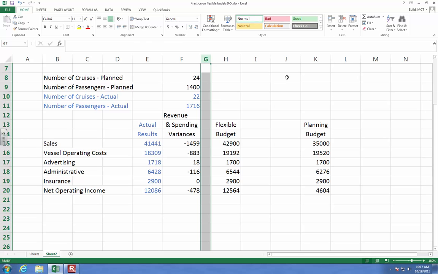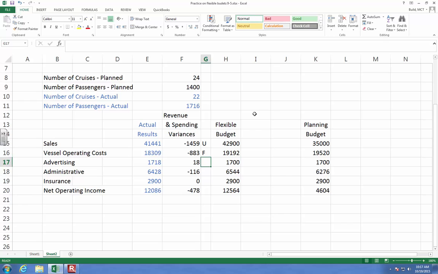So for my sales, is that a favorable or an unfavorable revenue and spending variance? It's unfavorable because it was less than, exactly. And how about the operating costs? Favorable, because those are expenses and they were less than they should have been at that level.